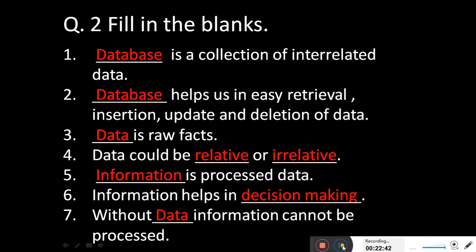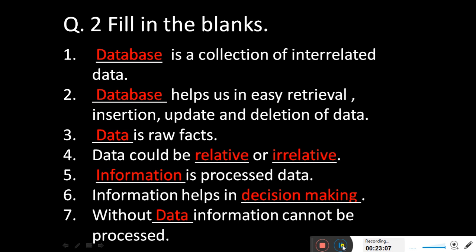See, these are the answers. Database is a collection of interrelated data. Database helps us in easy retrieval, insertion, updation and deletion of the data. Data is a raw fact. There are 2 types of data, it may be relative or irrelative. Now, information is processed data.